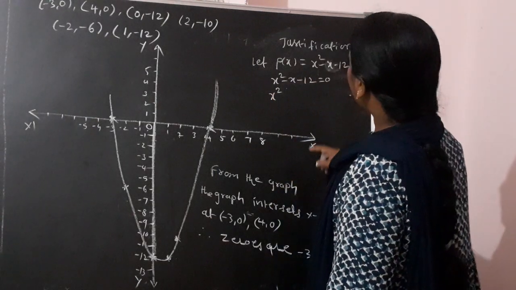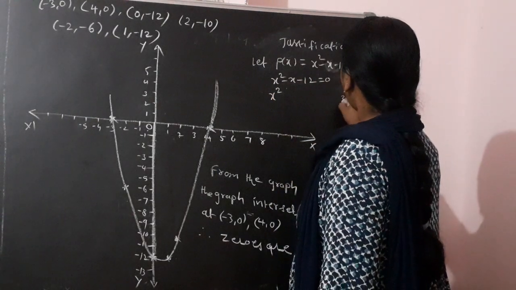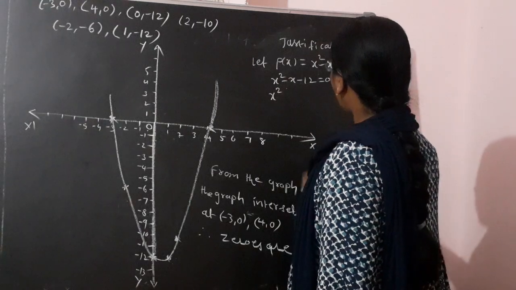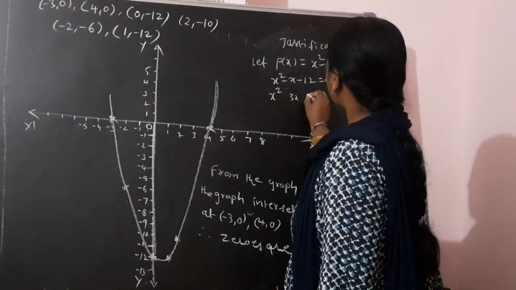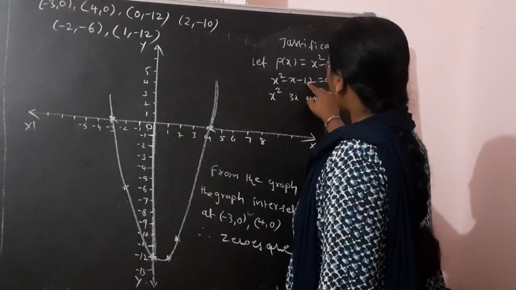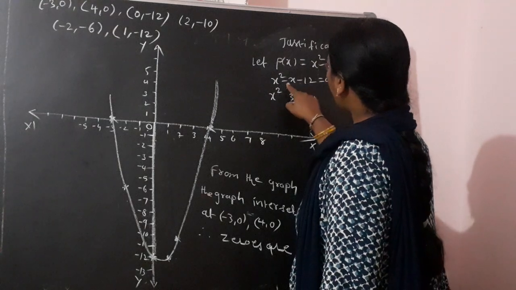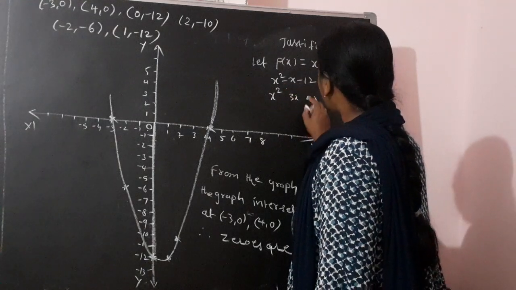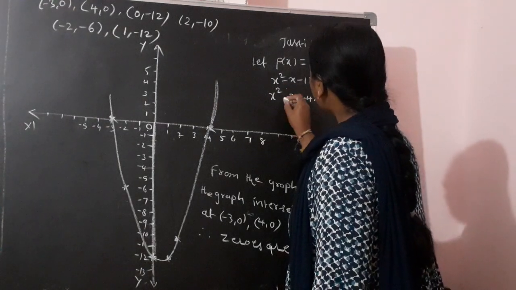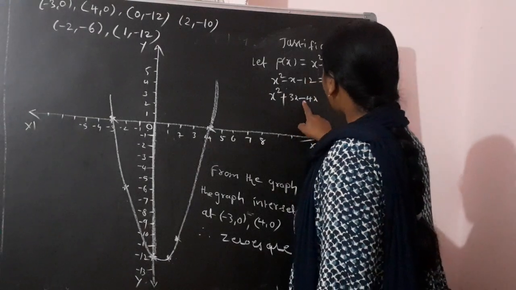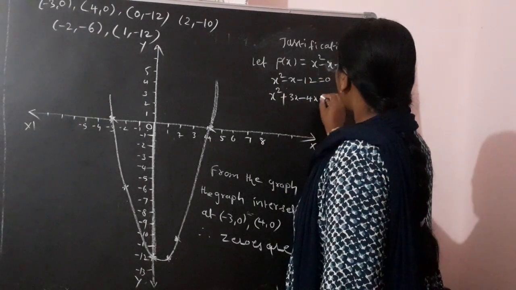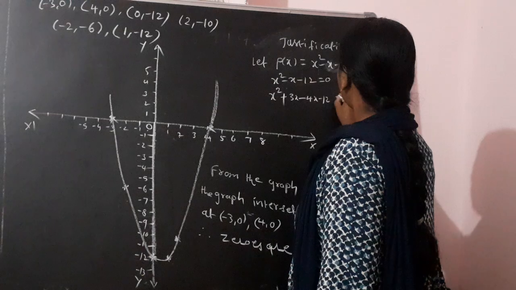So what are the required factors here? 3 and 4. These are required. Okay. First I said 3x, 4x you can write. Whenever the constant has a minus symbol, you give this symbol to the big number and the opposite symbol to the small number. This is minus, opposite symbol plus. Minus 12 = 0.